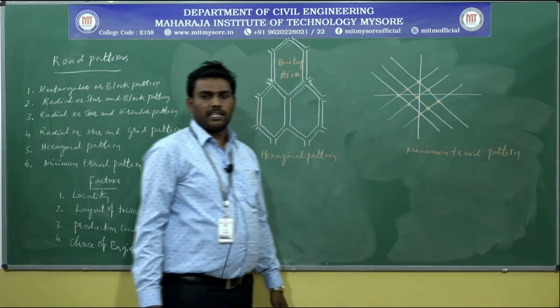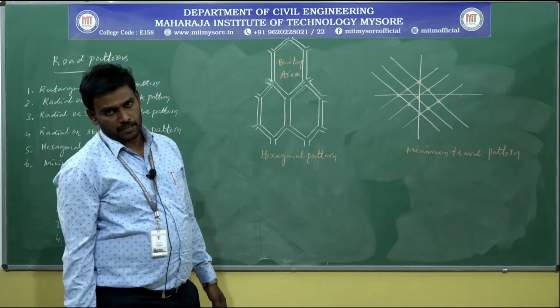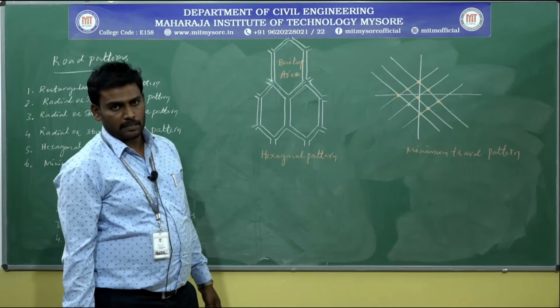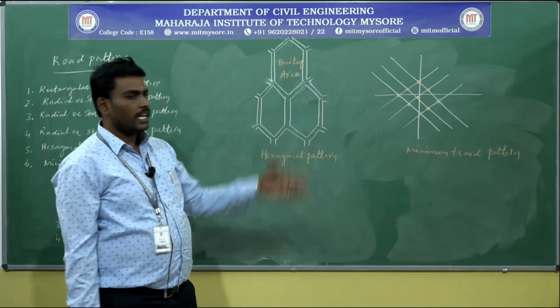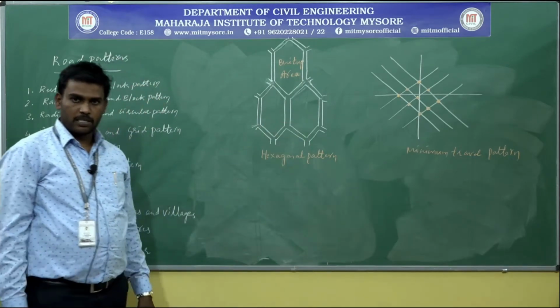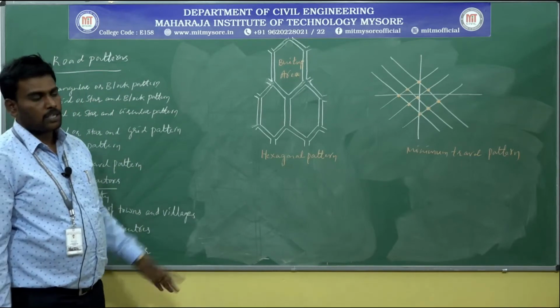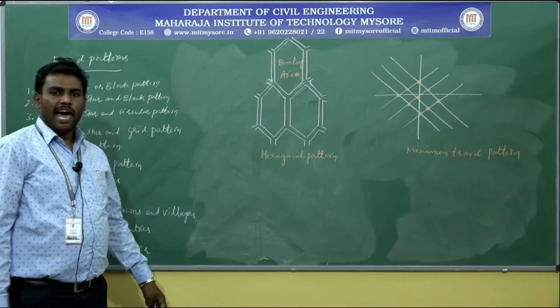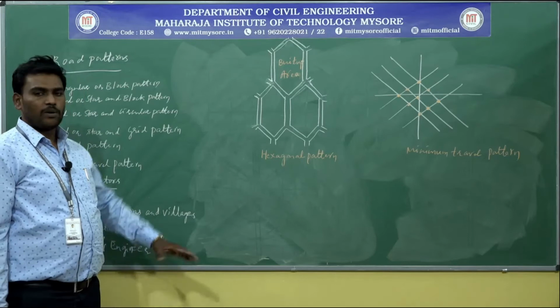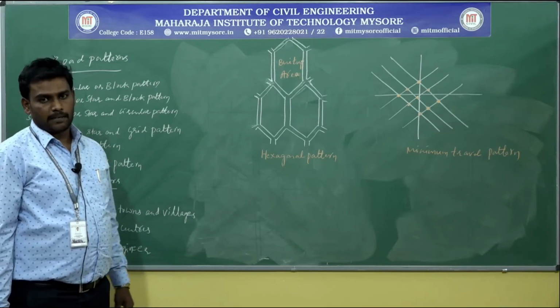That's why it is the minimum travel pattern. Okay, this is regarding the road patterns. That's very important from the point of view of examination. With the figure we have to explain the patterns.